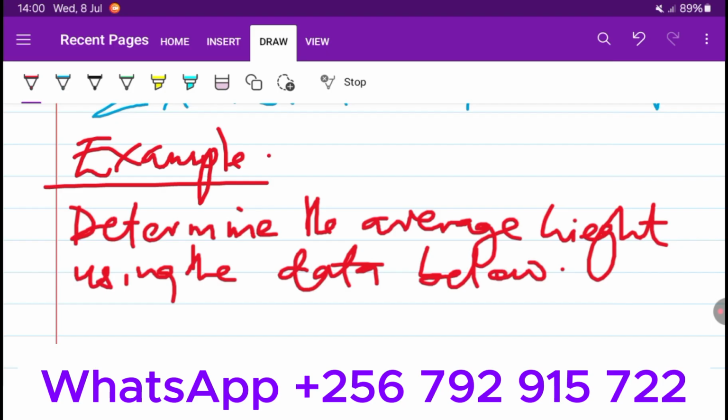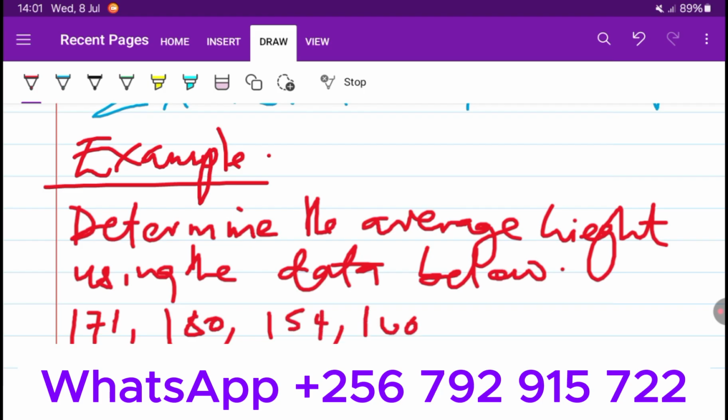The data they have given to us: 171, 180, 154, 160, 155, then 164.